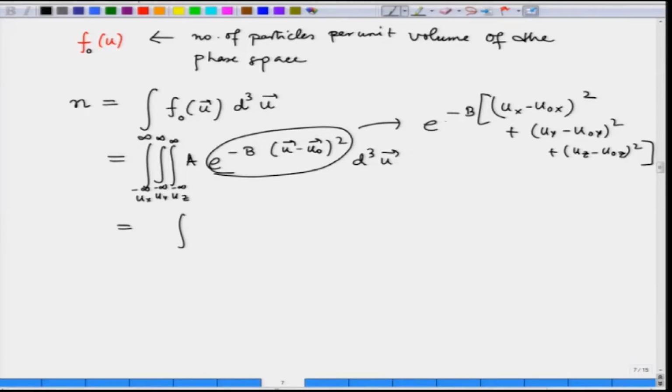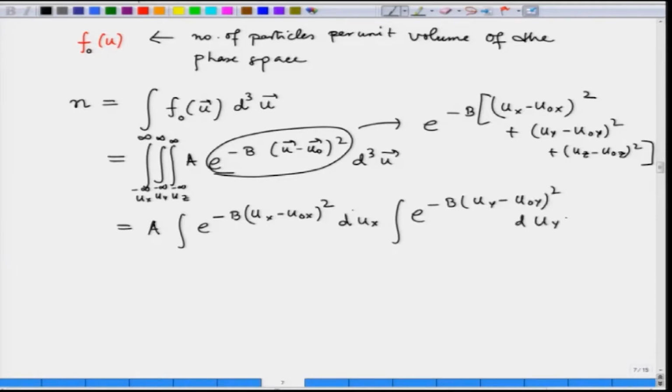So they are nothing but a product of three terms. If you write that, it gives e to the minus b (ux minus u0x) whole square dux, times e to the minus b (uy minus u0y) square duy, and the same thing for the z component.